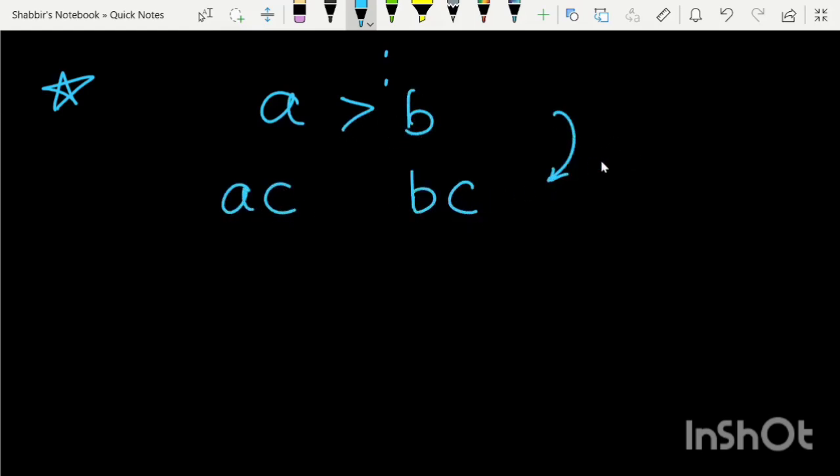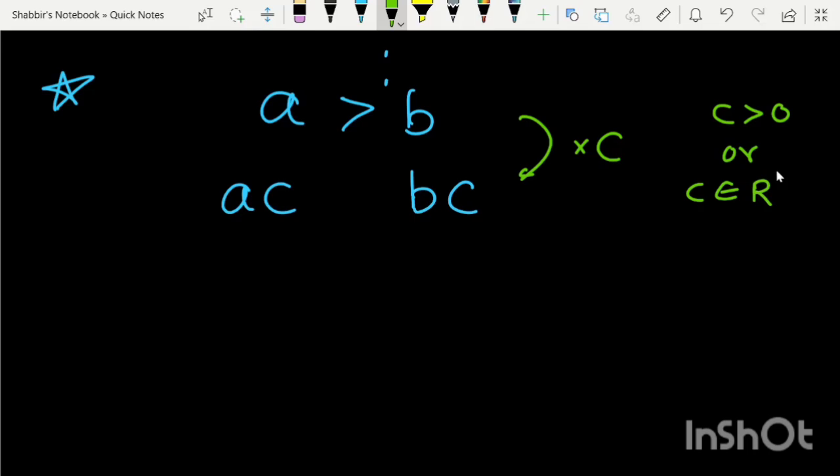Now this time, please note that this constant is a positive constant. So if I multiply by plus c, where c is positive, or we can write c belongs to which set? Yes, R plus. So what about the sign here, guys? The sign here would be a greater than only.